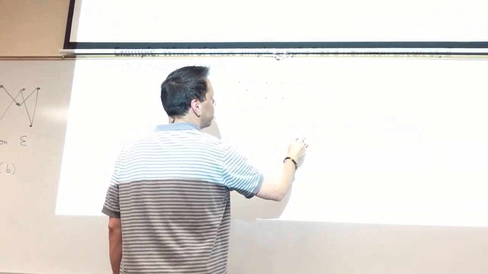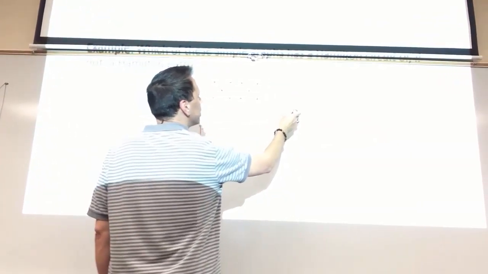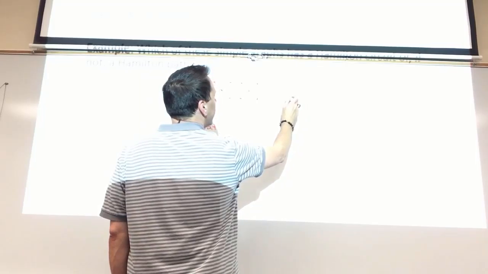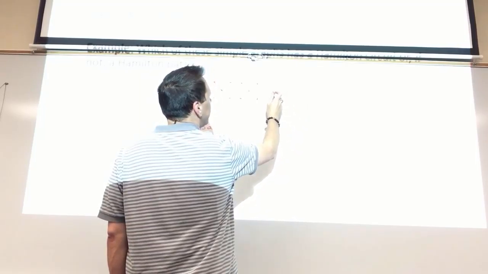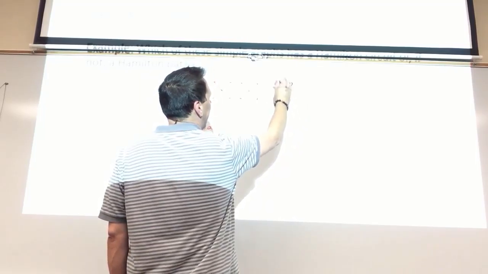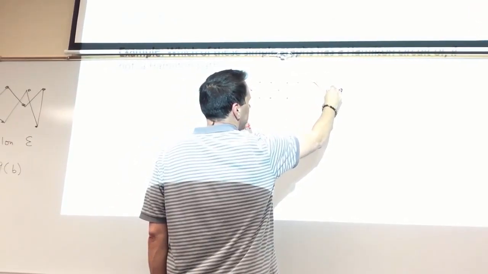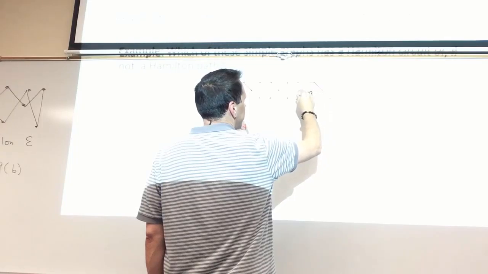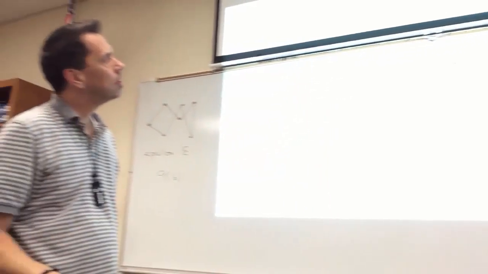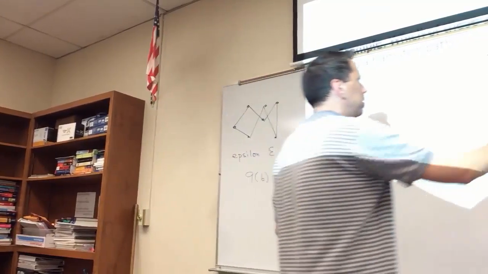And then number 3, I don't think that has either. Let's see. Yes, that's right. So let's say you start at A. If you go A, B, okay, well, it has a path. It does have a path.